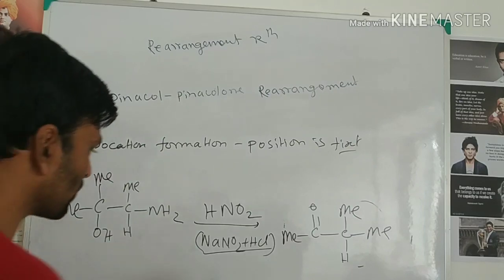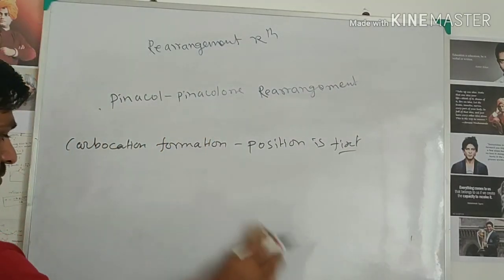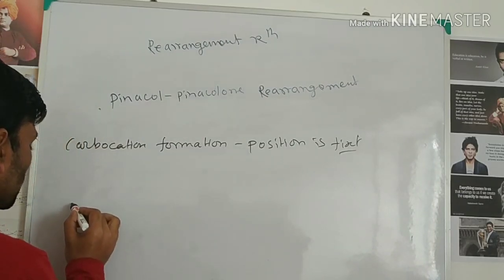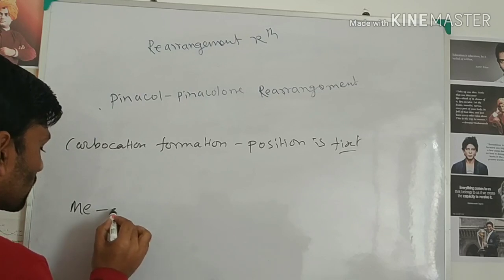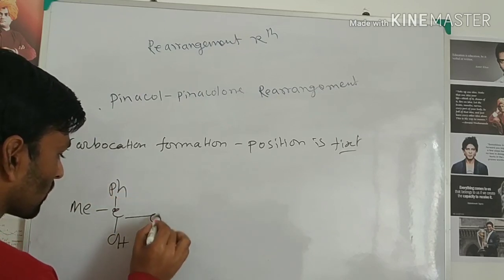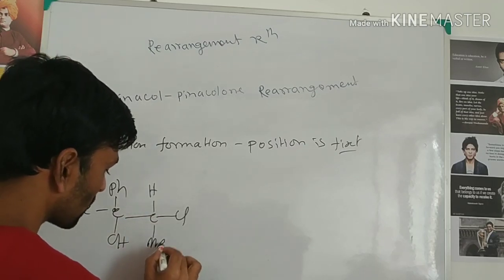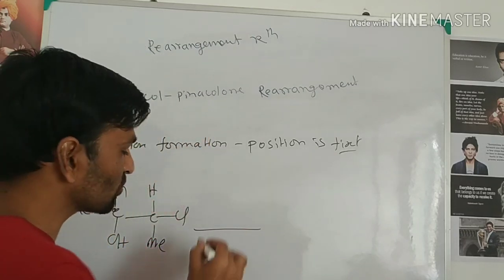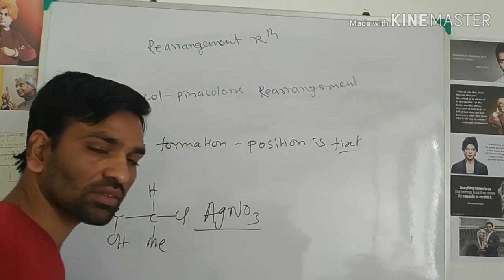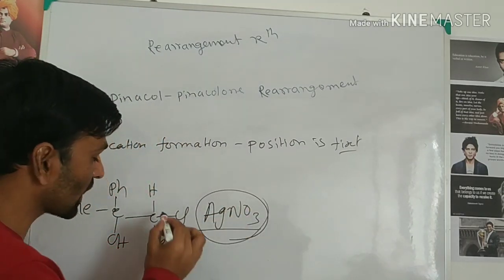Now another example of this reaction. This type of compound is treated with AgNO3, silver nitrate, and this reagent forms the carbocation here.